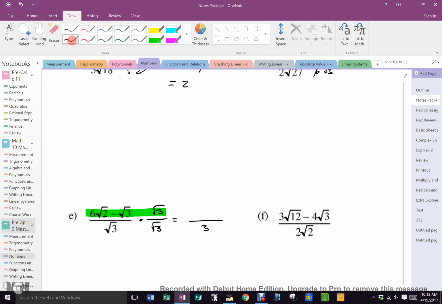There's 2 of them. But I know how to multiply polynomials, because I did grade 9, right? That root 3 goes there first. What do I get? 6 root 6 minus, then it goes there. What's that? Root 3 times root 3 is 3, correct?